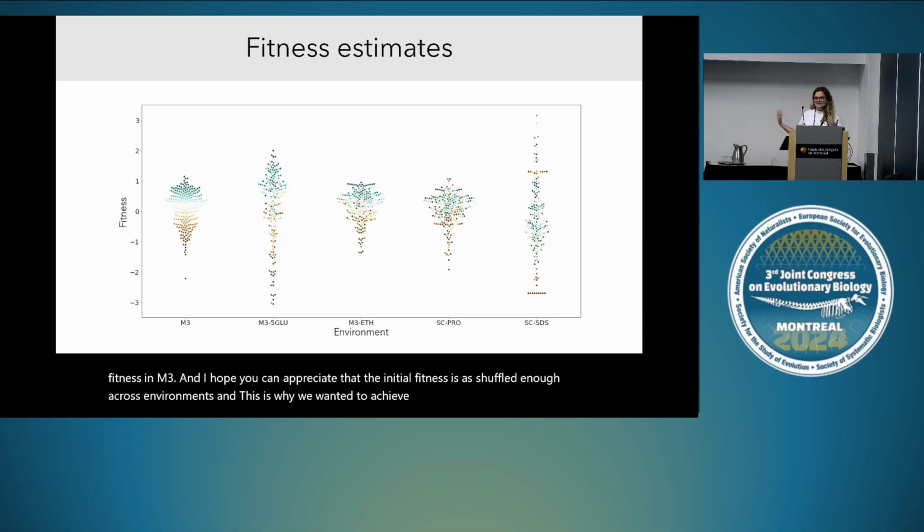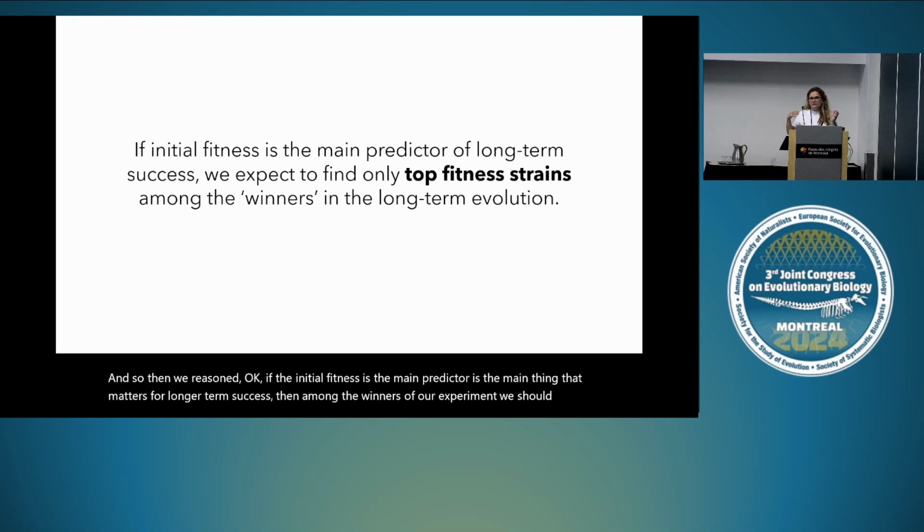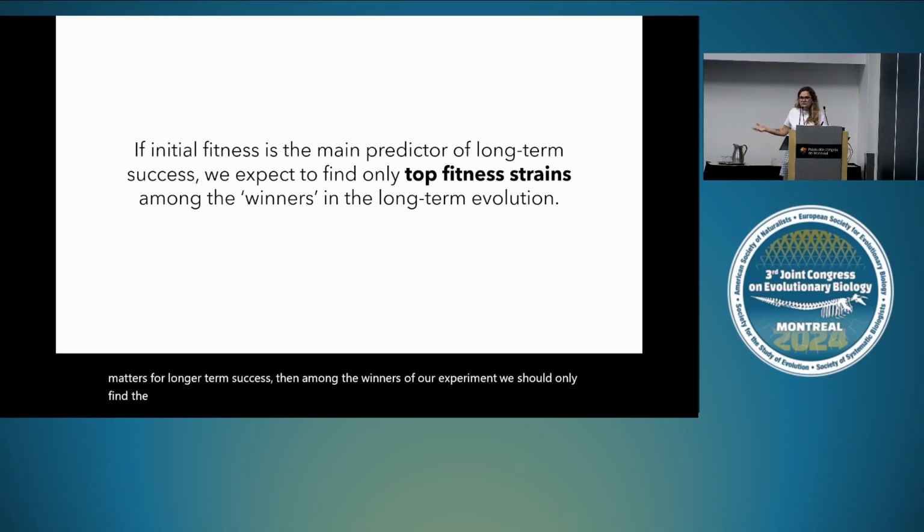So, as I said, we can control for their initial fitness when we look at their longer-term evolutionary fate. And so then we reasoned, well, okay, if the initial fitness is the main predictor, the main thing that matters for longer-term success, then among the winners of our experiment, we should only find the top fit, the most fit strains.